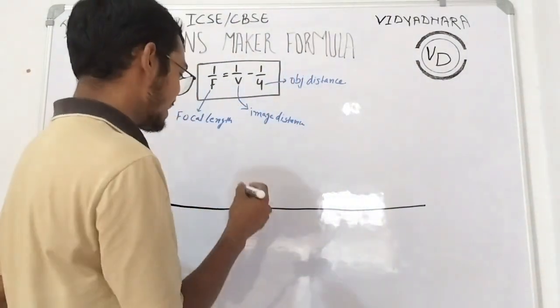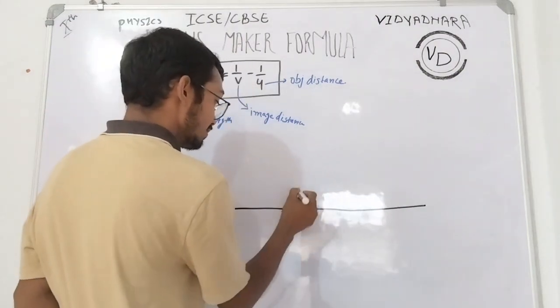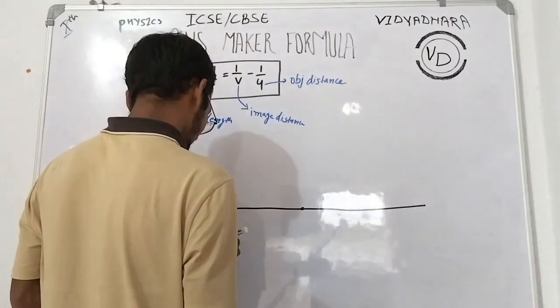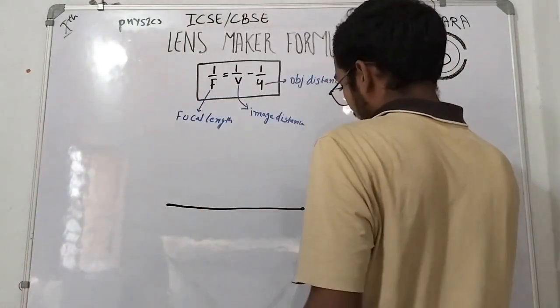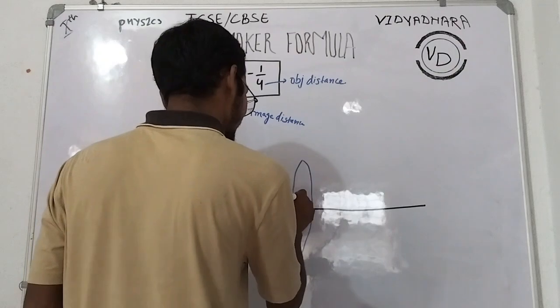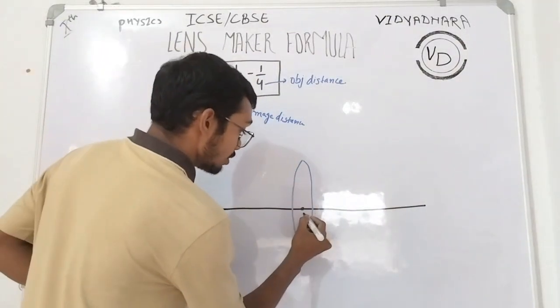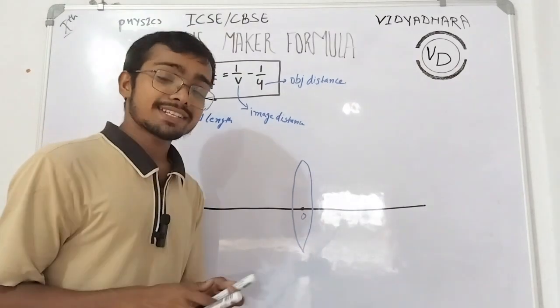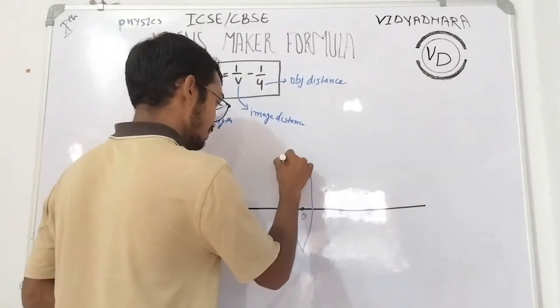You all know the Cartesian form in math, standard 9th. This is the principal axis. Suppose I make a lens, that is a convex lens, like that. This is the optical center O, all distances measured from O. I make the same lens there.